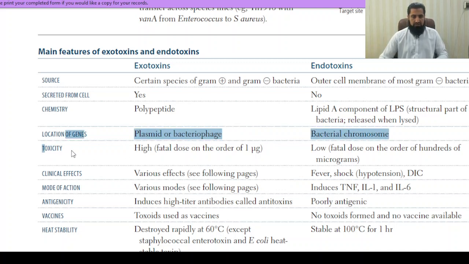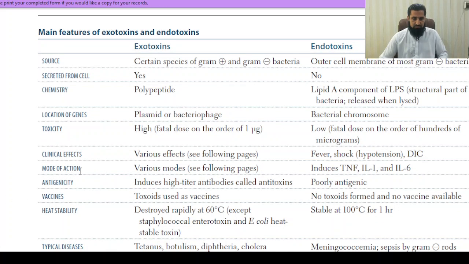Location of genes: for exotoxin, plasmid and bacteriophage, while for endotoxins it is the bacterial chromosome. And toxicity, which one is more toxic? The exotoxin is highly toxic, with a fatal dose up to just 1 microgram, while endotoxins are low toxicity, with a fatal dose on the order of 100 micrograms. Clinical effects of the exotoxin are various; we will study them in the next page.